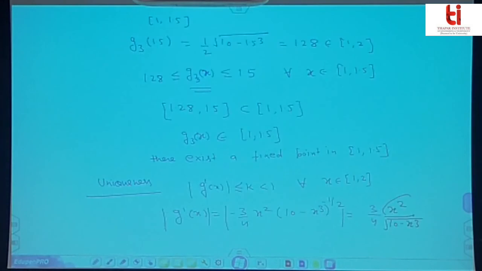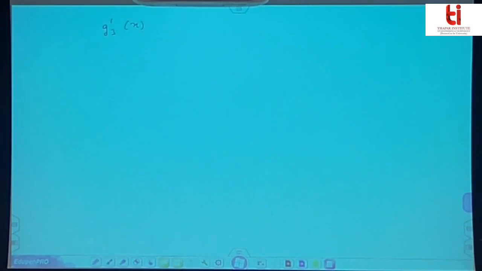From 1 to 1.5 this function is increasing. So g3'(x) is increasing, and we'll find out the maximum value of g3'. The maximum value will be at the point 1.5. So g3'(1.5) is coming out to be 0.66.